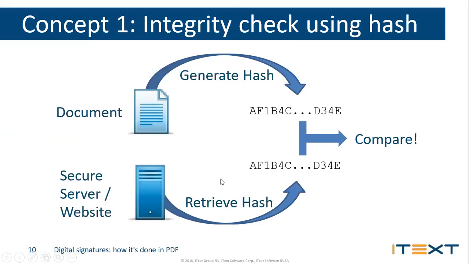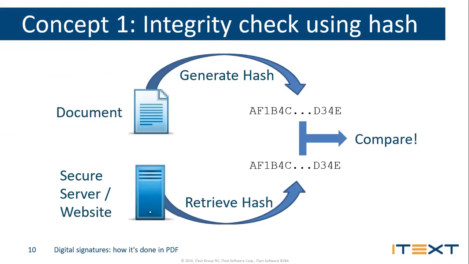Now the concept of an integrity check using the hash. See the image that I am going to show you: the document on one side, and here the secure server and website. They send the document with a hash key, which is generated, and on the receiving side a hash key is retrieved, and the two must match.